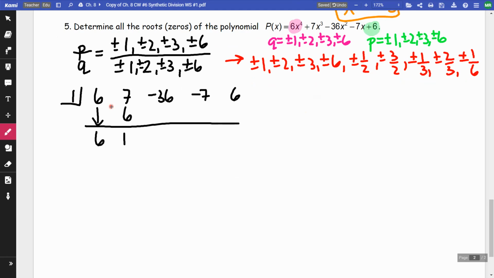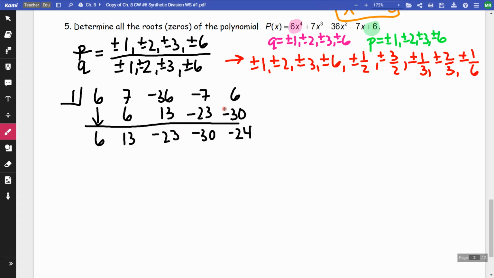I add it, I get a 13. 13 times 1 is 13. I get a -23. -23 times 1 is -23. I get a -30. -30 times 1 is a -30. I get a -24.